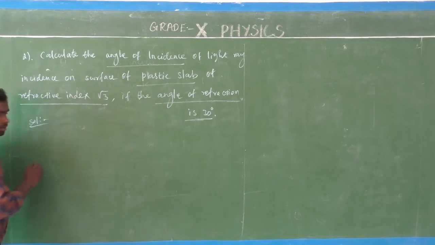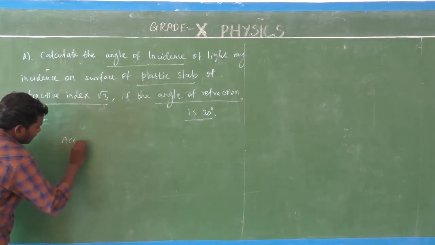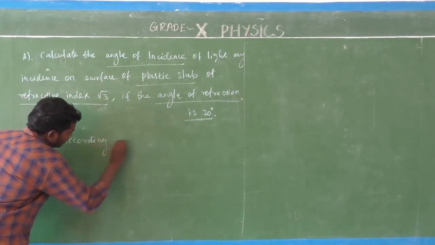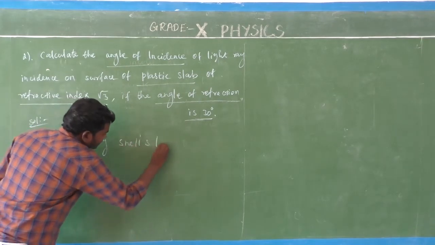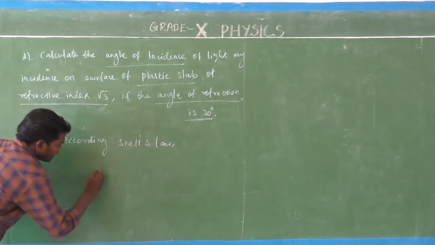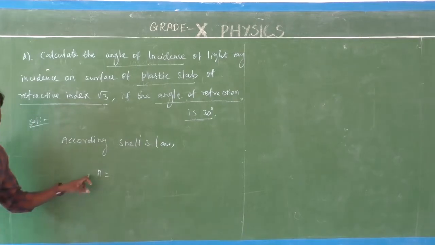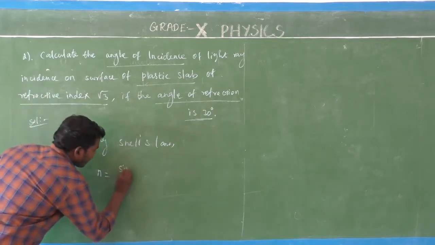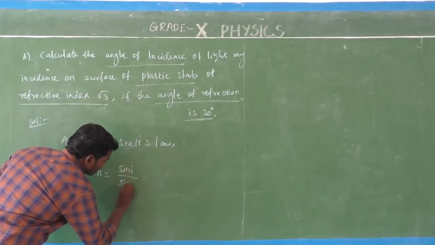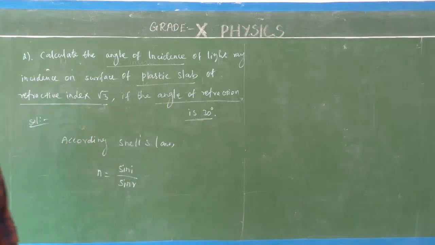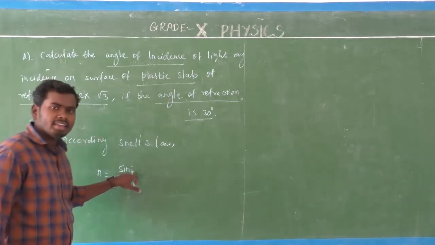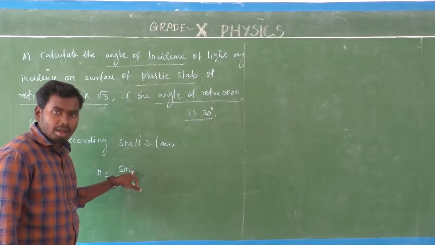According to Snell's law, n is equal to sin i divided by sin r. What is n? Refractive index. What is i? The angle of incidence.